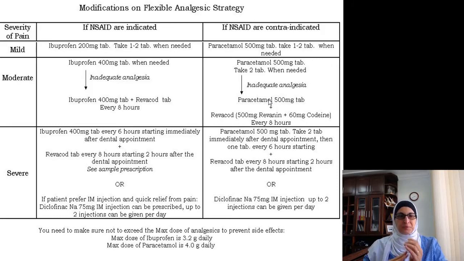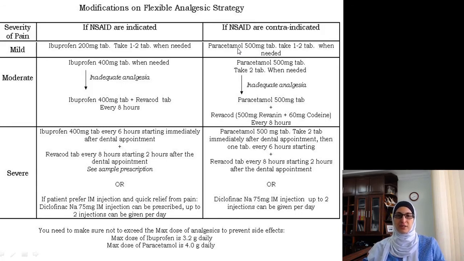So here, for example, in a case of mild pain, I would use a low dose of Profen as needed. If NSAIDs are contraindicated because of a GI problem or an allergic reaction, we can use paracetamol or acetaminophen. Paracetamol and acetaminophen are the same medication.